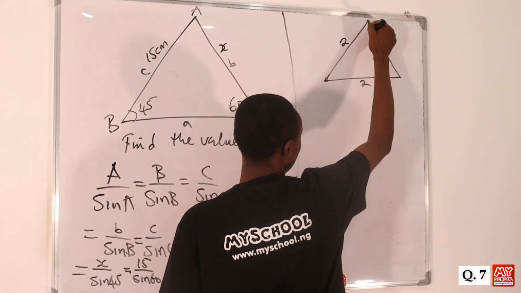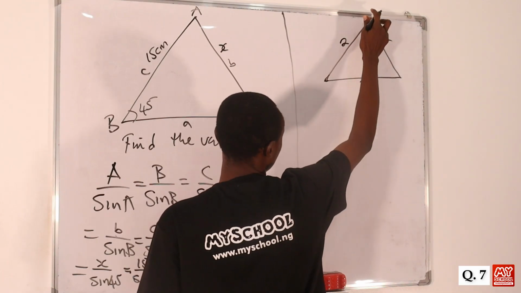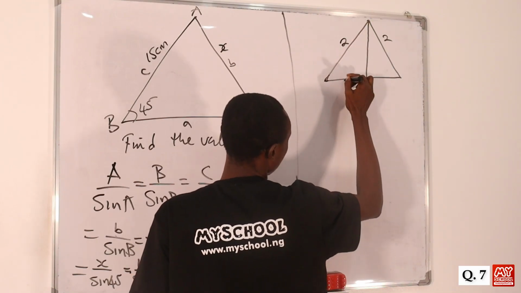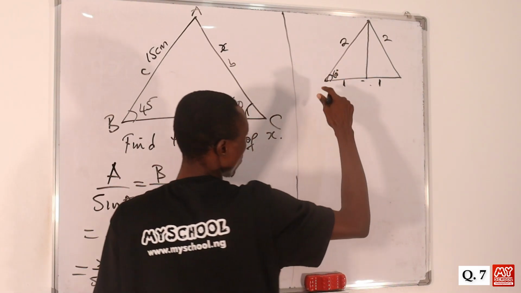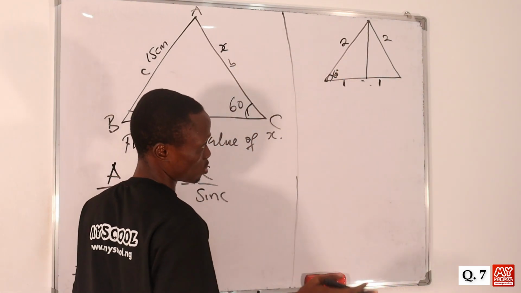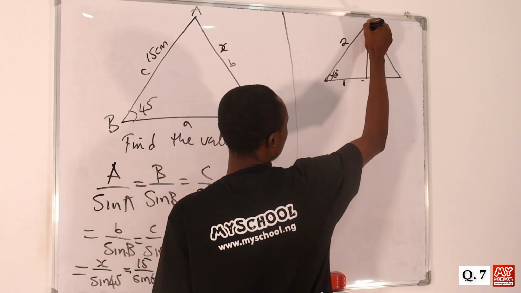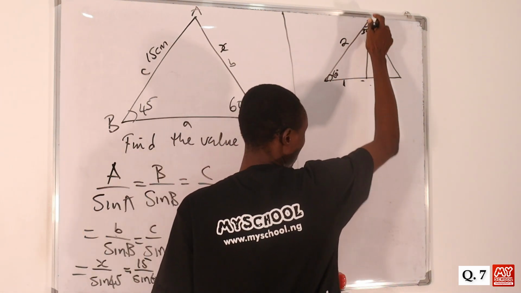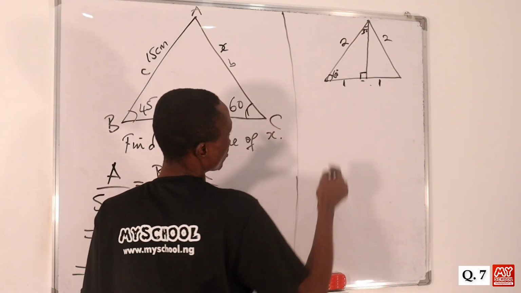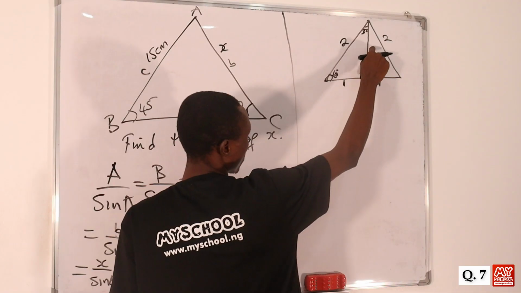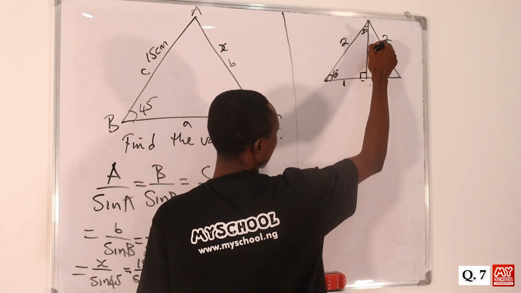Then take a line down from the vertex here down. Then here becomes 1, here becomes 1. So here will be angle 60. Remember that all the angles of an equilateral triangle are equal. So here will be 30 since we actually divided it into 2. Okay, and here will be 90 degrees, right? So if we apply Pythagoras theorem to get this side, we are going to be having root 3.